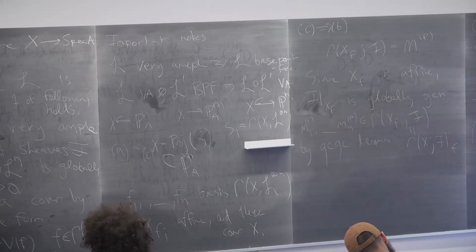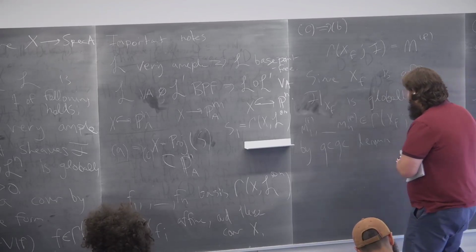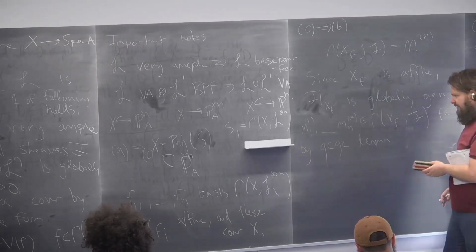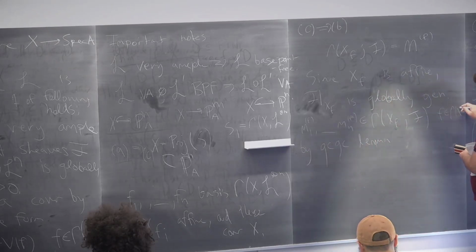I got that right? I'm going to be a little bit careful here. Oh, right. No, that's the wrong way to think about this. Sorry. And the reason is because remember here, f isn't a function, it's a section of this line bundle.